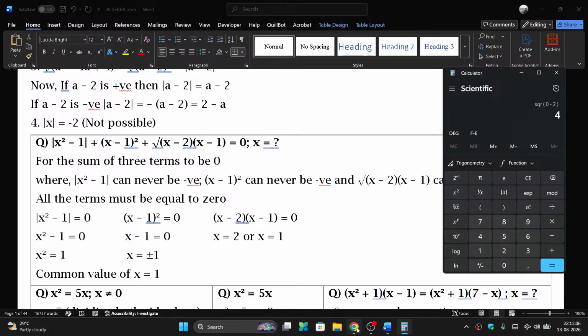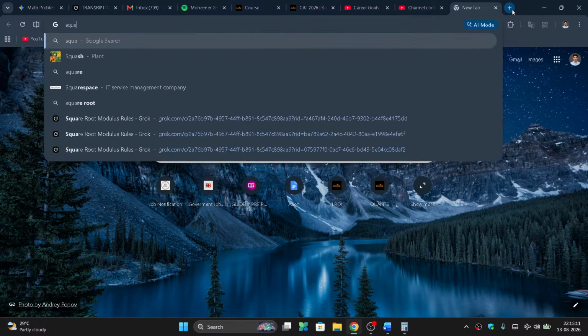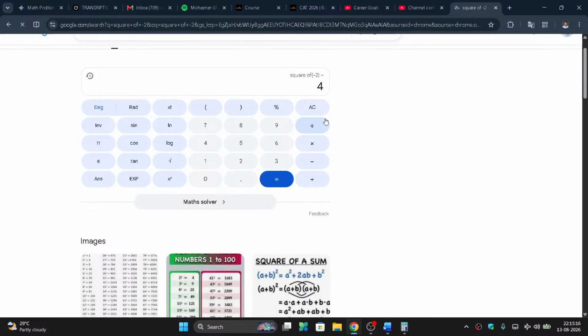Even square of minus 2 is also 4. Square of minus 2 is also 4.